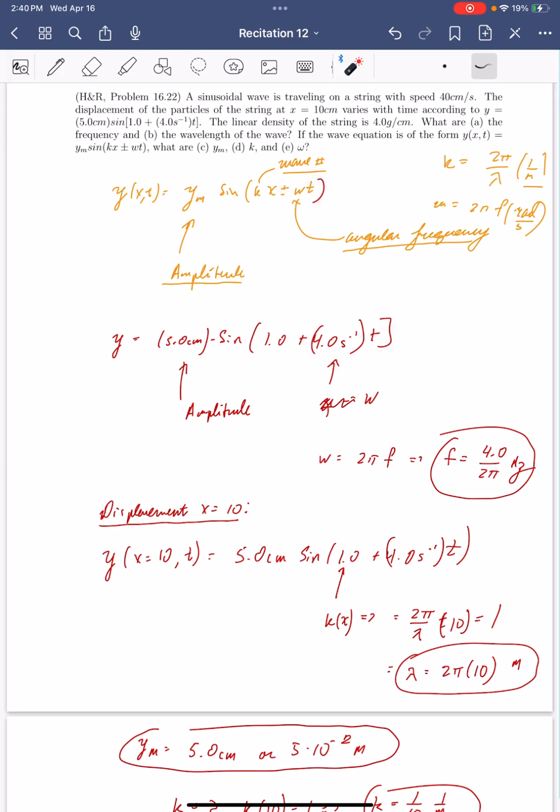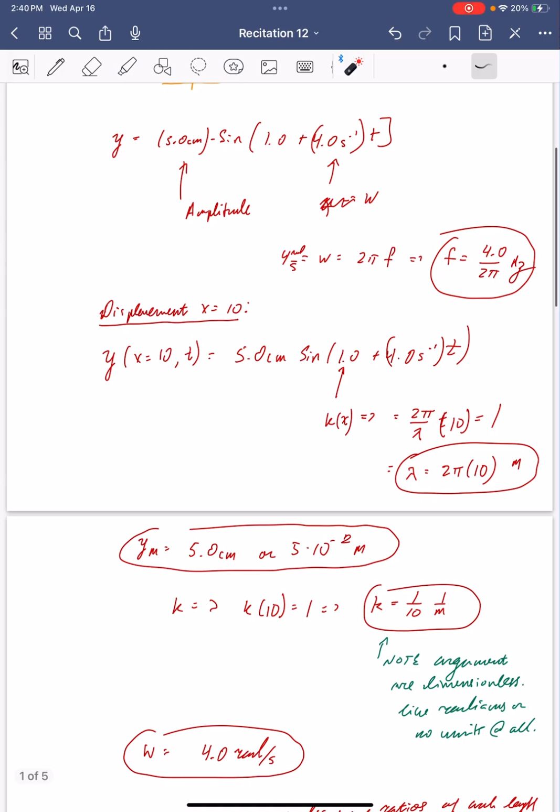So that means that the angular frequency of the wave is equal to 2 pi f, and it's also equal to 4 radians per second. And so if we want to calculate the frequency, we'd calculate that as 4 over 2 pi hertz, which are the units of frequency.